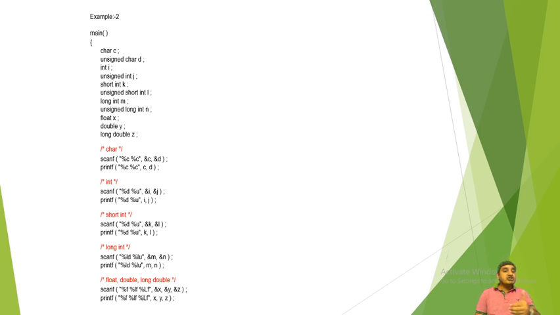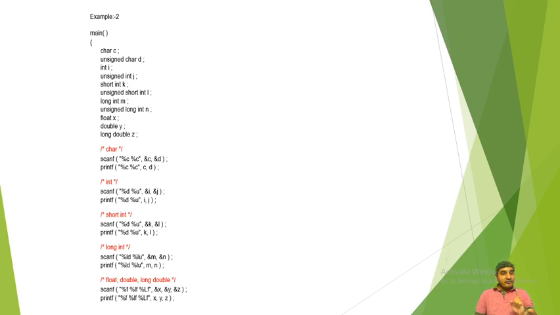Now short integer. For short integer again we use the scanf function, which is an input function, so percentage d, percentage u, and &k and &l. Why is d used? Because it is an integer. For short integer we use percentage d, and for integer we also use percentage d.